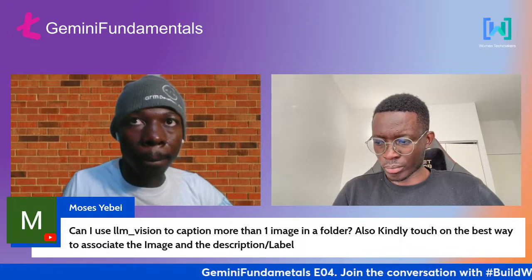I've never tried it, but I think it should be possible. I know it's possible on Google AI Studio. There, you can load an image, ask questions about it, and maybe load another image. But I've never tried it on Colab, for example. Then kindly touch on the best way to associate the image and the description.